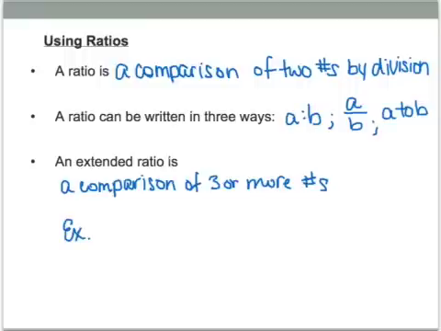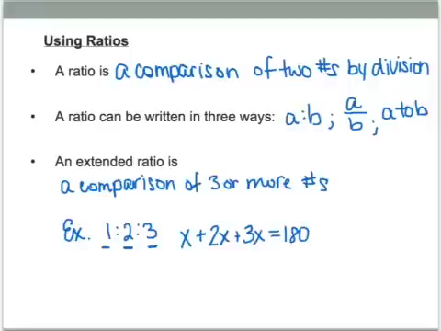For example, if I say that the angle measures in a triangle are in a ratio of 1 to 2 to 3, that means that one angle is twice as large as the first angle, and the last angle is 3 times as large as the first angle. So in order to solve this ratio, I would take 1x plus 2x plus 3x. And of course we know that if we're adding all three angles in a triangle, the sum is 180.